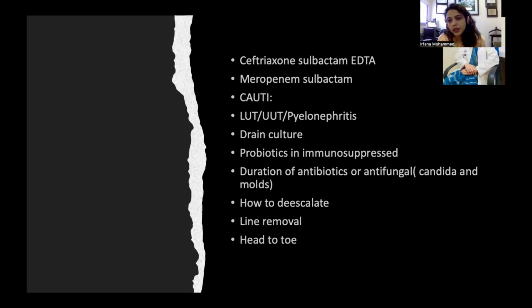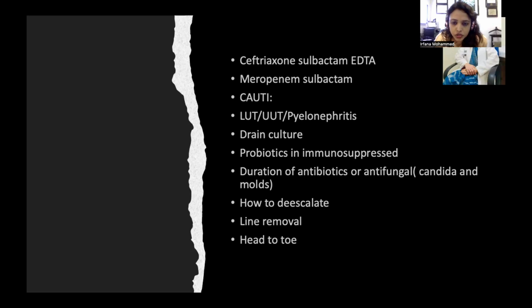In these immunosuppressed patients, the lactobacillus or the viable organisms, viable fungi which are there in the probiotic, invade into the bloodstream and can cause invasive fungal infections. Sometimes Saccharomyces also grows in blood cultures if you give probiotics to an immunosuppressed patient.